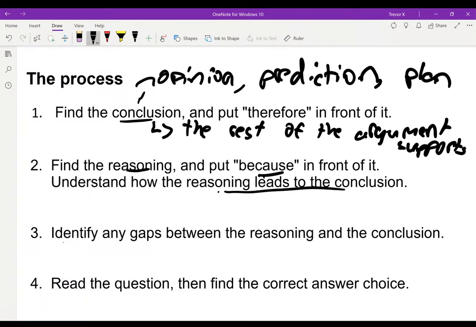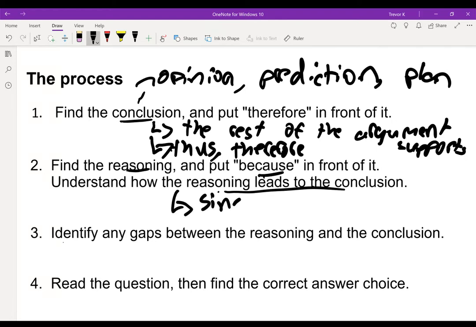Now, what's important about bold-faced questions is, first of all, they tend to be more careful than the rest of the GMAT about putting in your keywords, like since or because, so you actually know when things are conclusion and when things are reasoning.